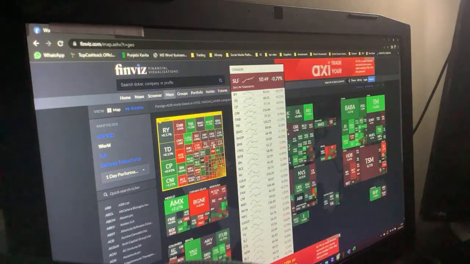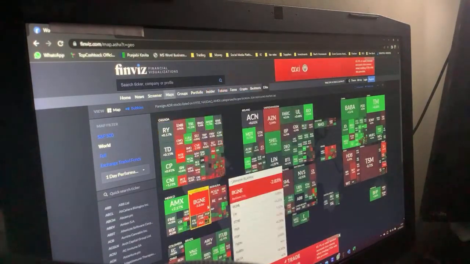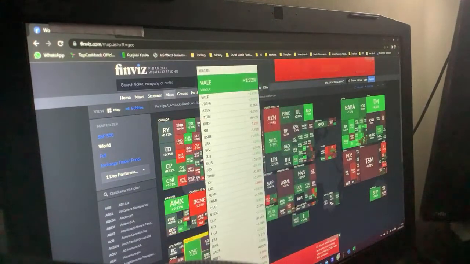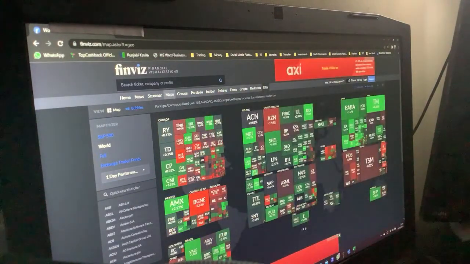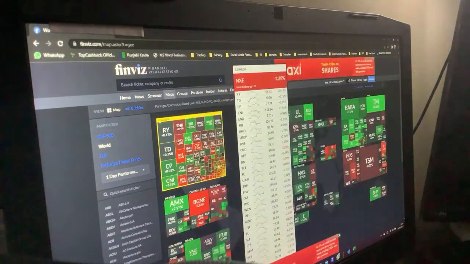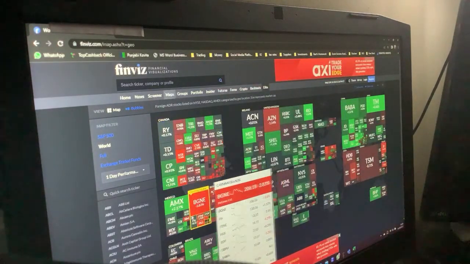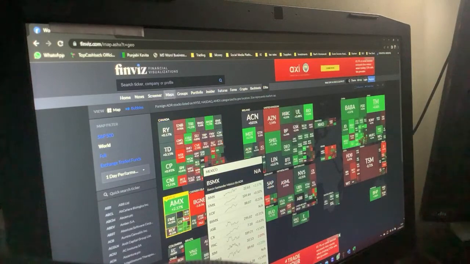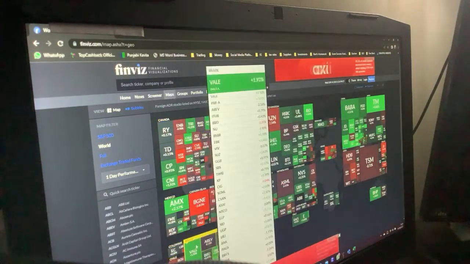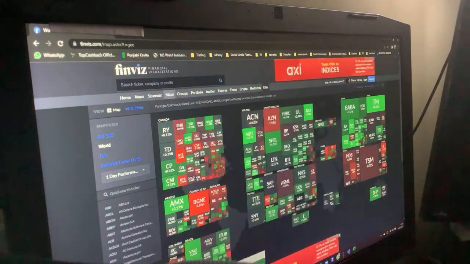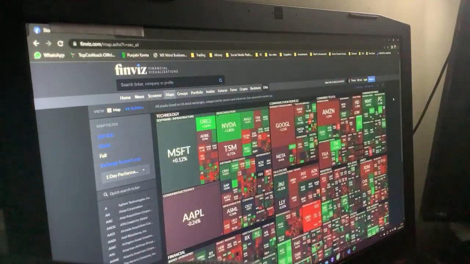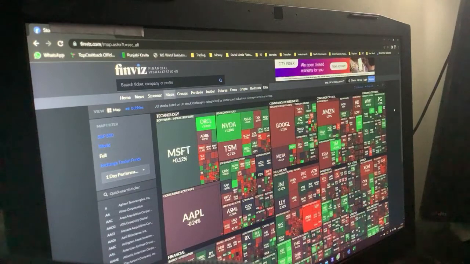Canada is mostly mixed, green and so on. Bermuda red, Cayman Islands red, Mexico green, Brazil is green. So that's the whole world. How are we performing?